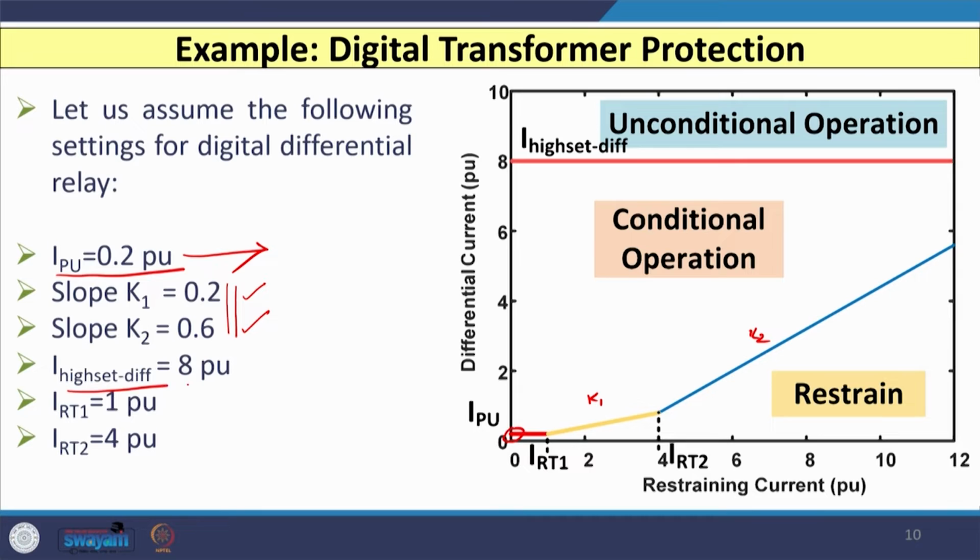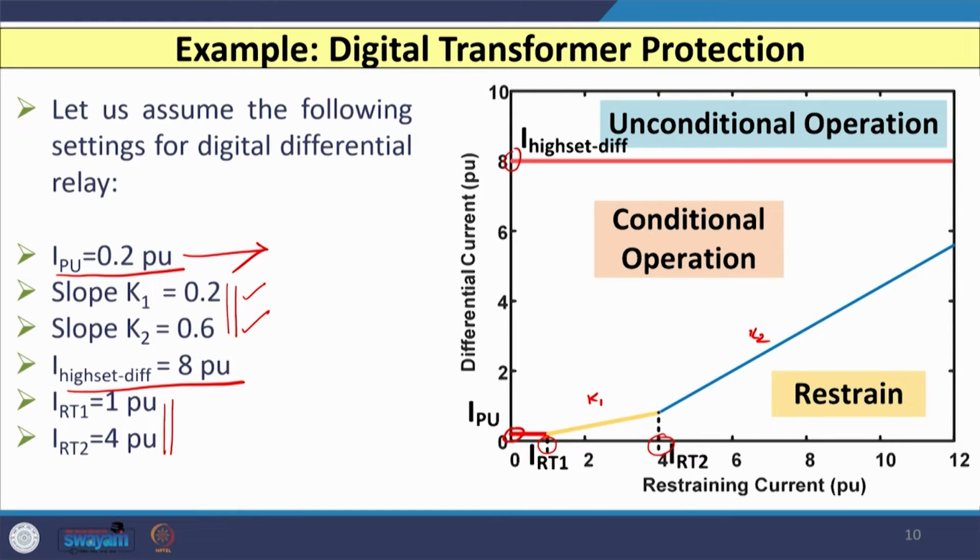The high set differential current you need to assume, and here I have considered 8 per unit, and the two restraining currents IRT1 and IRT2 I have assumed as 1 per unit and 4 per unit.